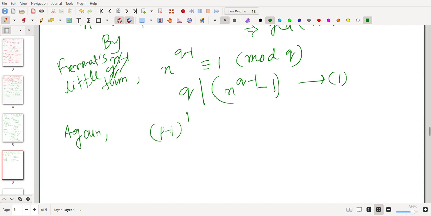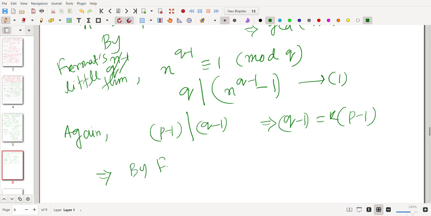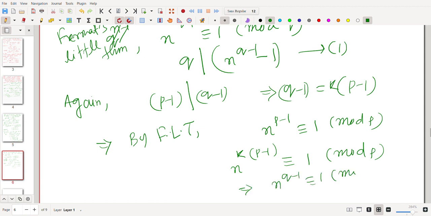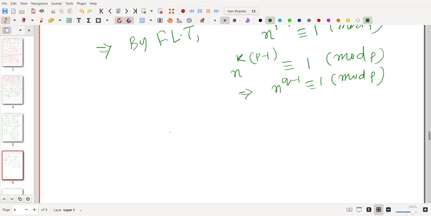Again, P minus 1 divides Q minus 1, that will imply Q minus 1 equals to K times P minus 1. Again, by Fermat's little theorem, n power P minus 1 is congruent to 1 mod P. If I multiply the same thing by K times, then I will get n power K into P minus 1 is 1 mod P. That will imply n power Q minus 1 is congruent to 1 mod P, which will imply P divides n power Q minus 1, 2.